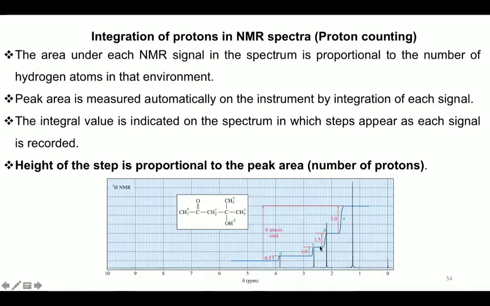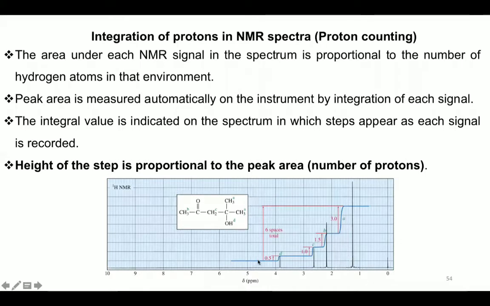So based on the height of the peak, you can decide how many protons are there. This NMR spectrum clearly tells us that this peak has the largest number of protons, and the smallest peak refers to the group or atom having the smallest number of protons. So this is done by using what is known as instrument integration.